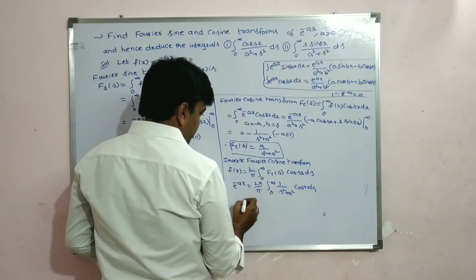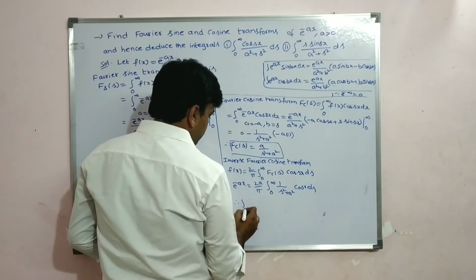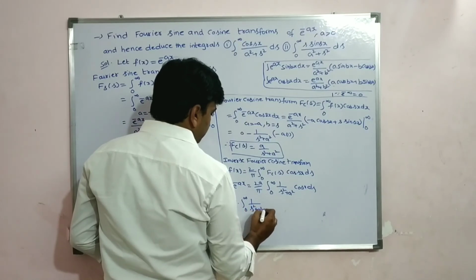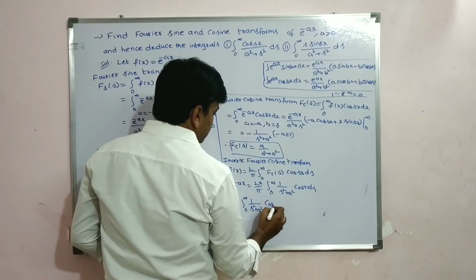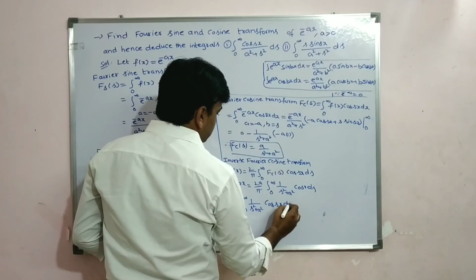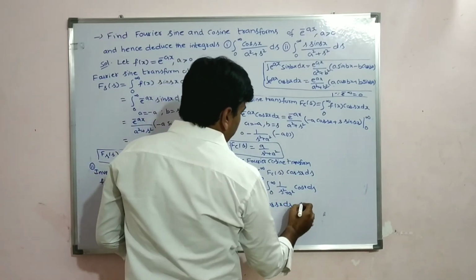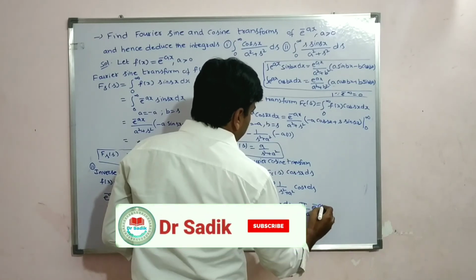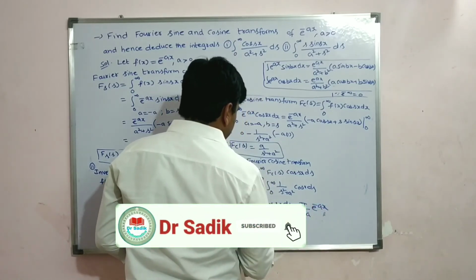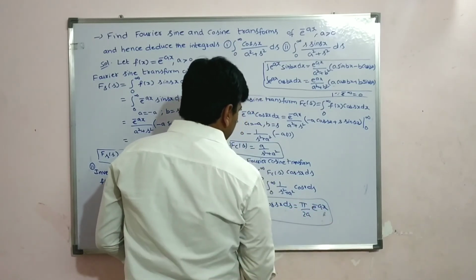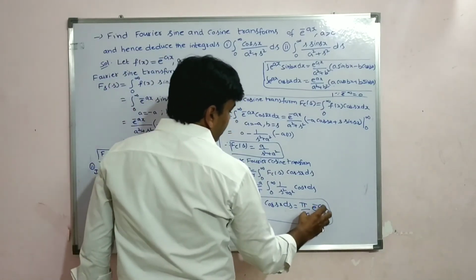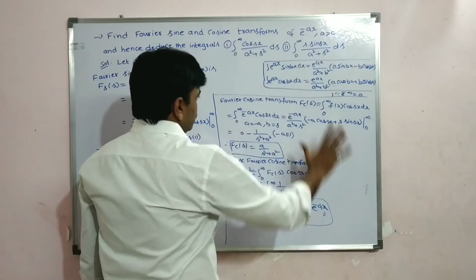By cross multiplication we finally get integral 0 to infinity 1 by s square plus a square cos sx ds is equal to pi by 2a e power minus ax. This is the value of the given integration.